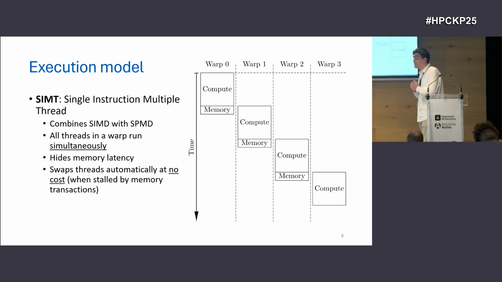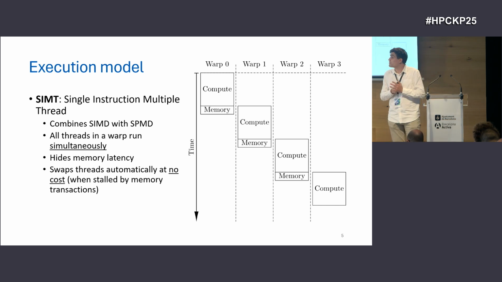So CUDA follows a single instruction multiple thread model, which essentially combines single instruction multiple data with single program multiple data. Essentially what this means is that threads are grouped into small chunks called warps, which always run simultaneously.